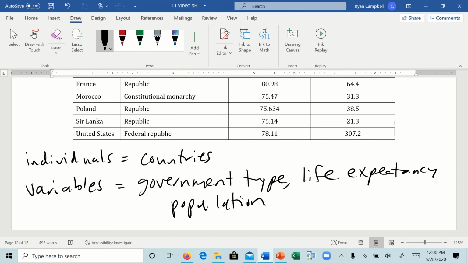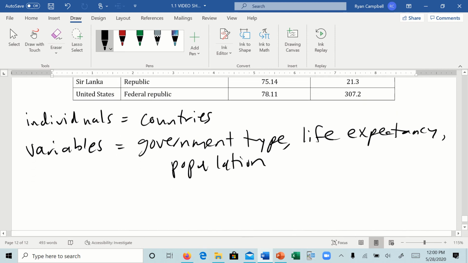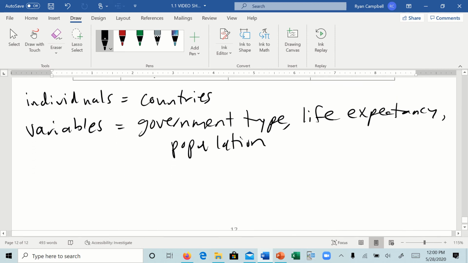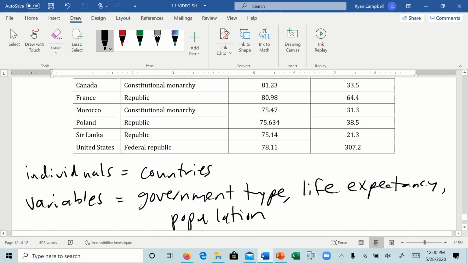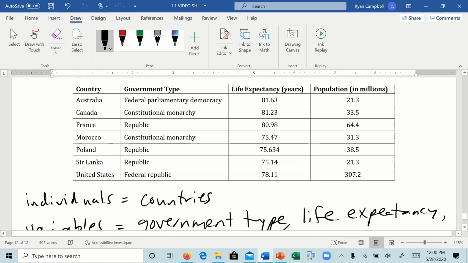Cool. All right. Now, what types of data are all of these? Is it qualitative or quantitative? Out of these three variables, which one is qualitative?